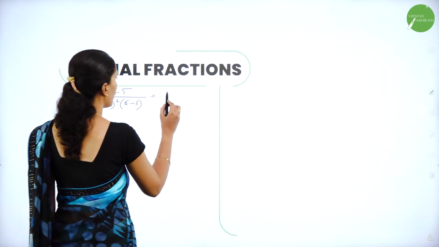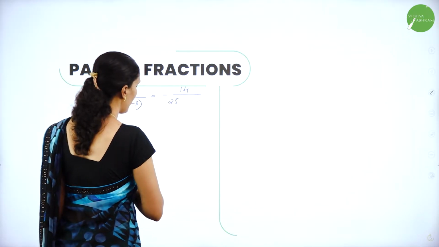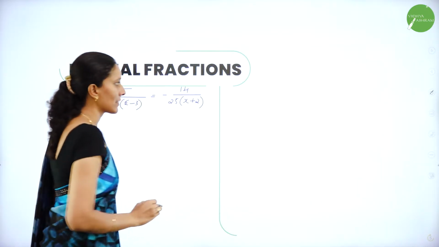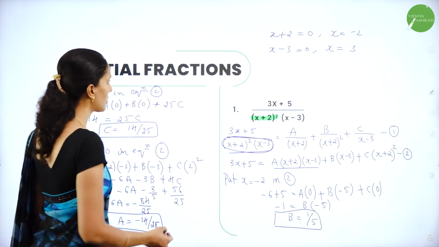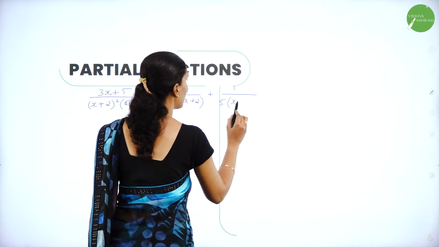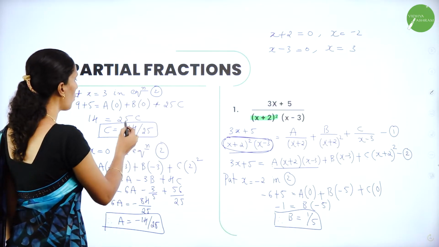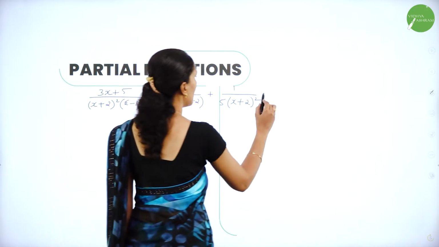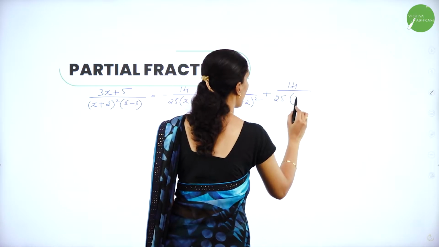So I'll just write minus 14 here divided by 25, and this becomes x plus 2. Next, for b you have 1 by 5, so I'll write plus 1 divided by 5 (x plus 2) whole square. Next, for c you got 14 by 25, so you can write it as plus 14 by 25 (x minus 3).